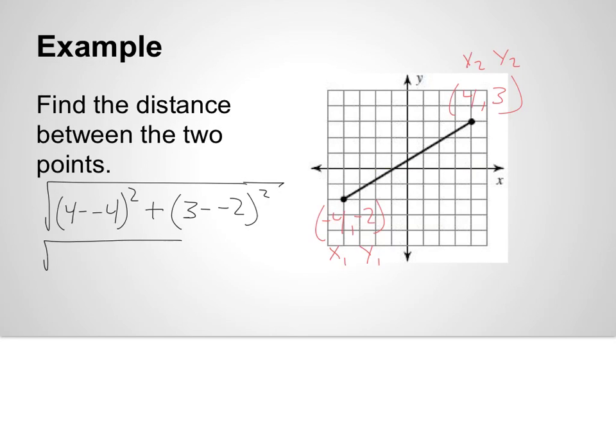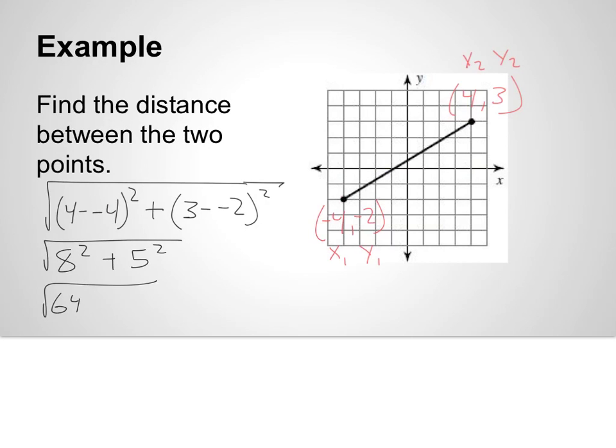So we're going to take care of what we've got in our parentheses first, using PEMDAS, right? 4 minus negative 4, that's the same as 4 plus 4, which is 8 squared, and 3 minus negative 2 is 5 squared.